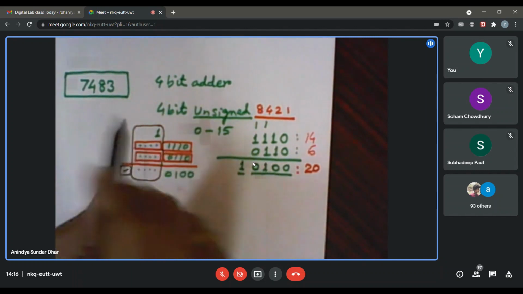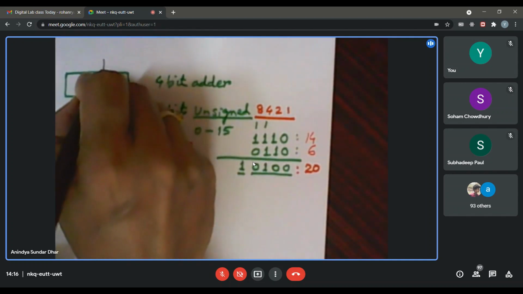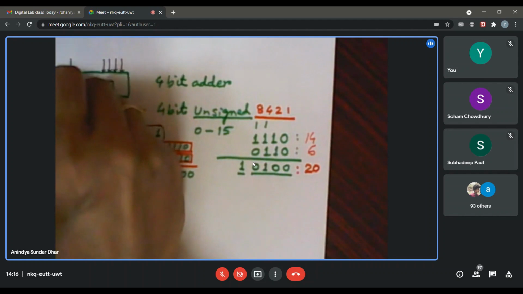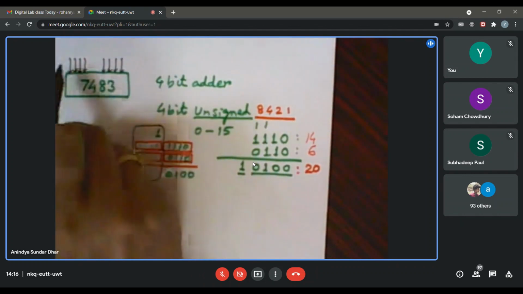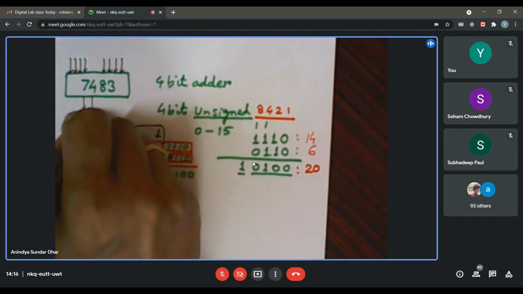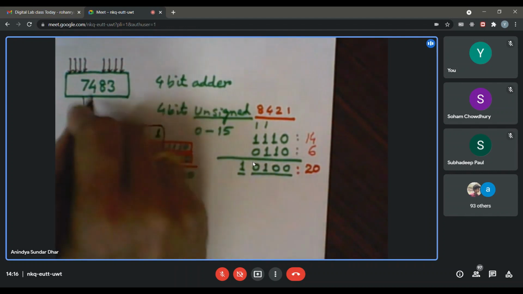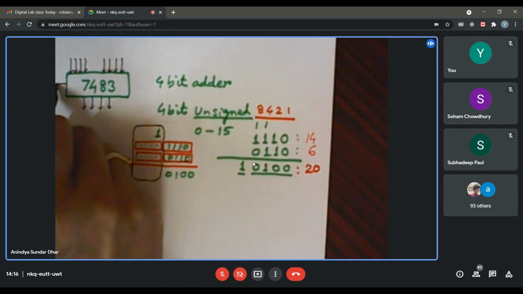If I think from its functional point of view, then the 7483 should be capable of adding two 4-bit numbers. So I would expect the physical conductors or pins or lines, whatever you call them, for applying two 4-bit numbers. So there must be 8 such lines. Other than that, there will be a 4-bit sum output, and one carry output, which I am showing over here.